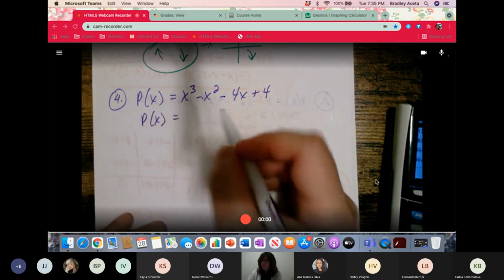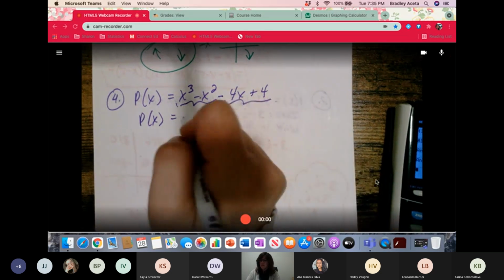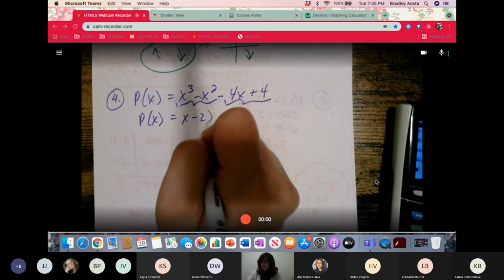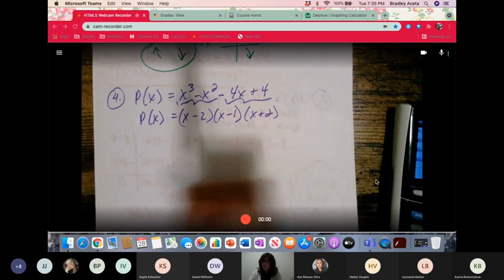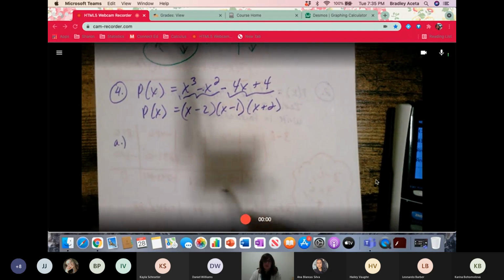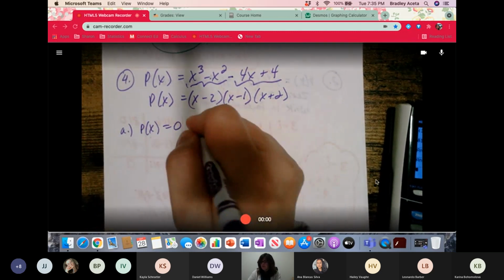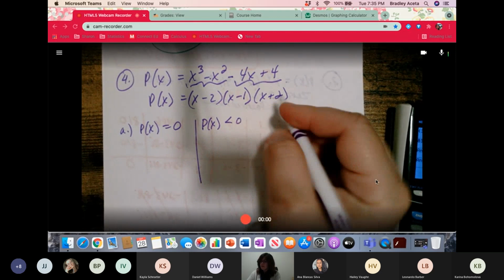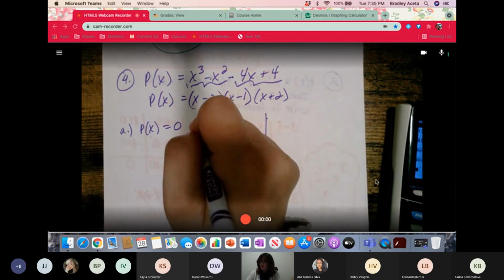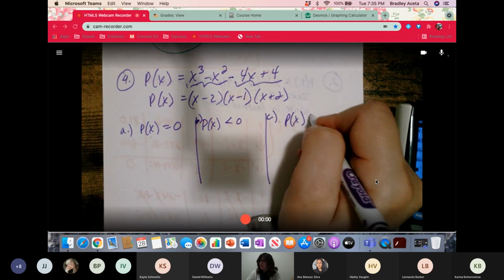But you could factor this by grouping this one and grouping this one. But you'd be left with x minus 2, x minus 1, and x plus 2. And then they ask you 3 questions. What is p of x equal to 0? What is p of x less than 0? Part B. And part C, what is p of x greater than 0?